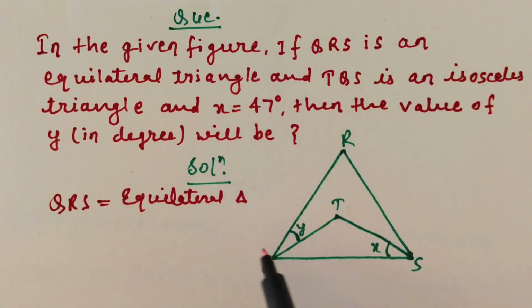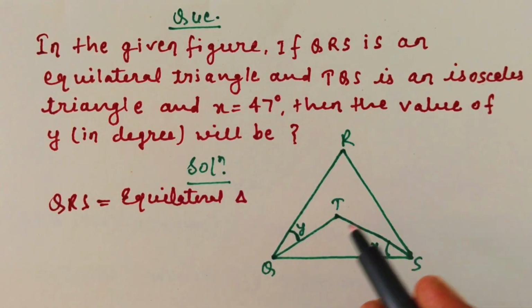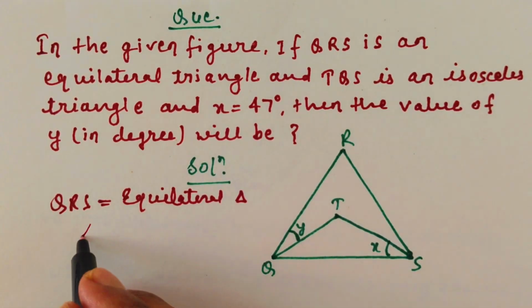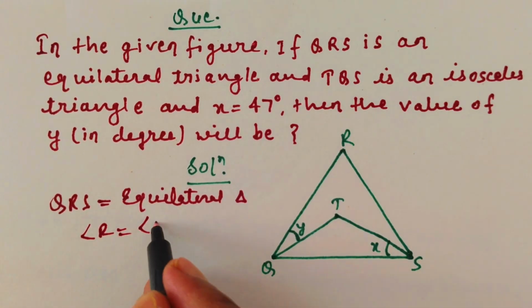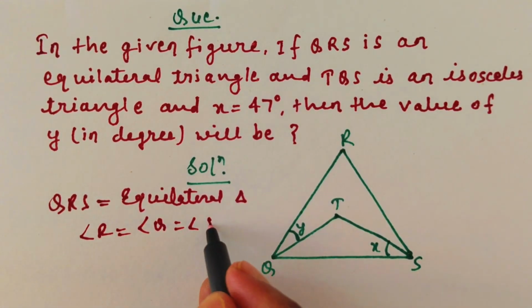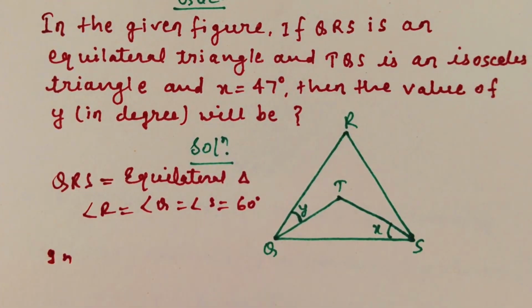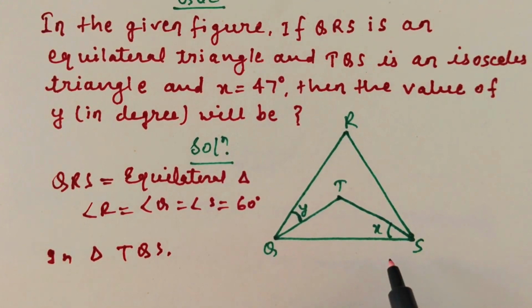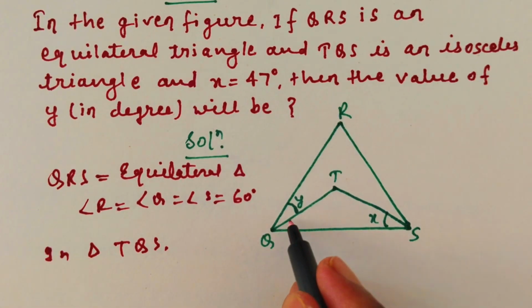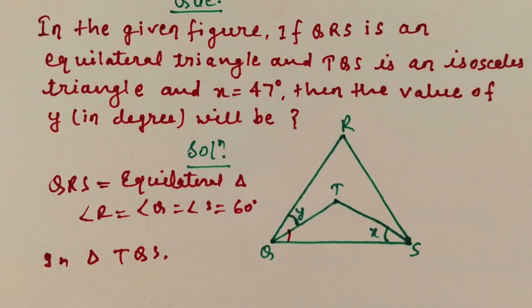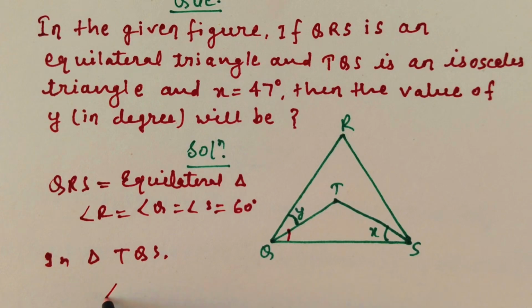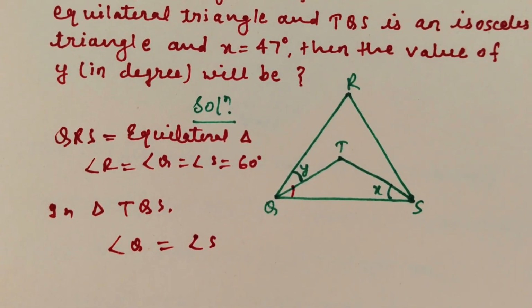QRS is an equilateral triangle, and in this triangle all angles are 60 degrees. Here angle R, angle Q and angle S equal 60 degrees. Now if I talk about triangle TQS, which is the isosceles triangle, angle Q and angle S are both equal.